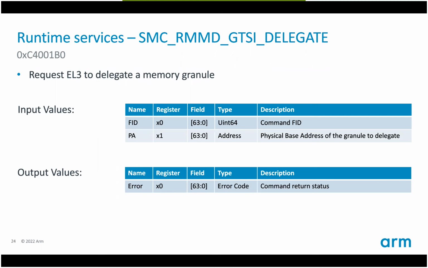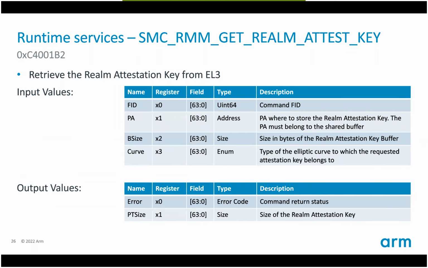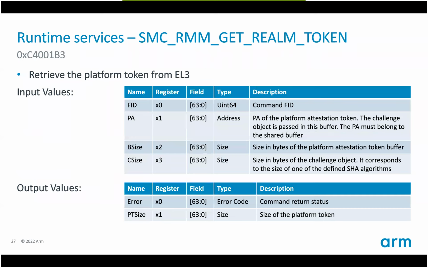One is to delegate memory granule, to undelegate memory granule, to retrieve the realm attestation key from EL3, and to retrieve the platform token from EL3. But as I mentioned, that was here just as informative. They will be thoroughly documented on TFA once the patch is merged.